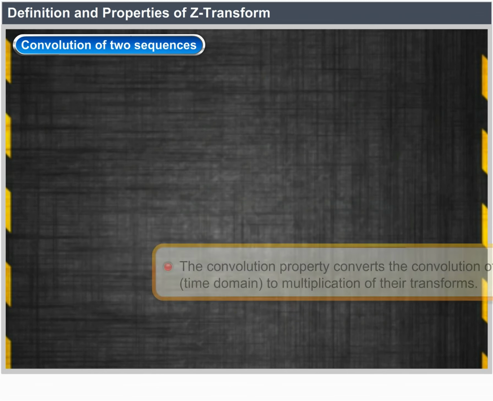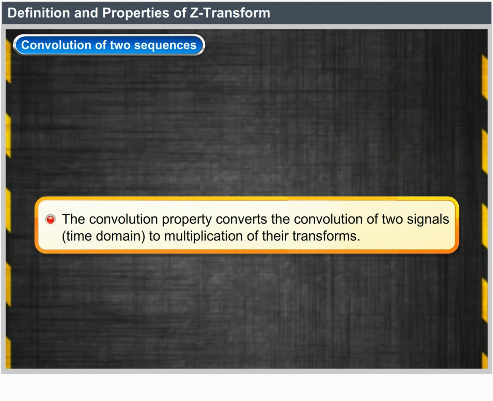The convolution property converts the convolution of two signals in the time domain to multiplication of their transforms.